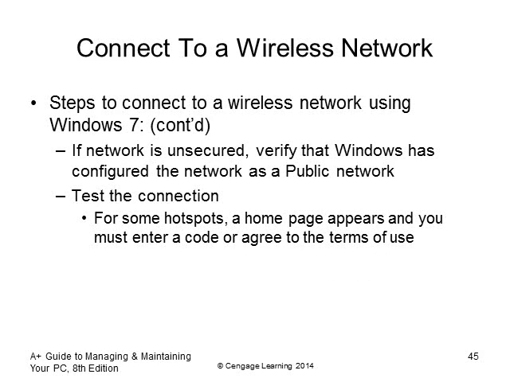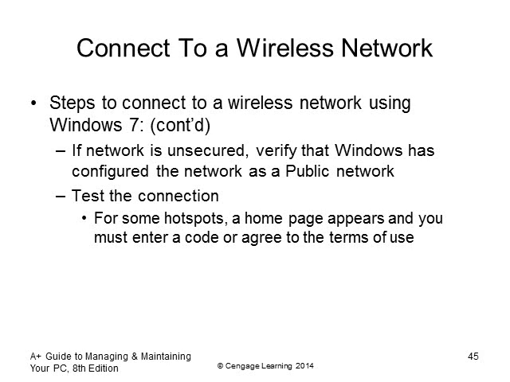If the network calls for a password, make sure you enter it. If the network is unsecured, like McDonald's, you want to verify that Windows has configured the network as public. That'll help protect you a little bit more, but don't have a false sense of security. You're not totally protected.